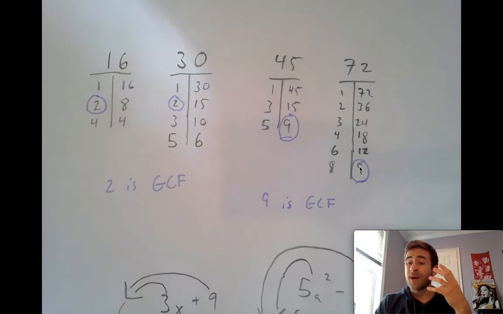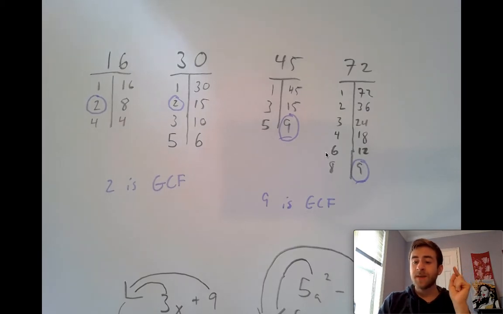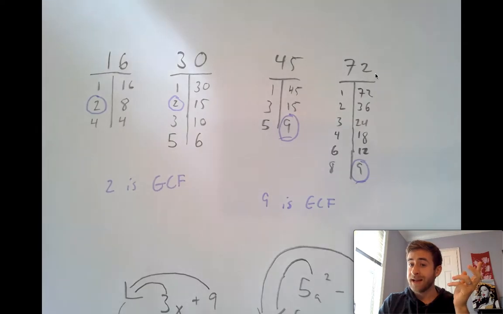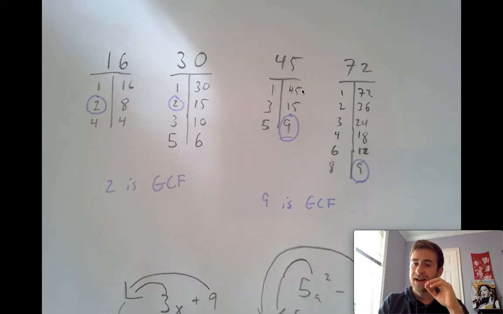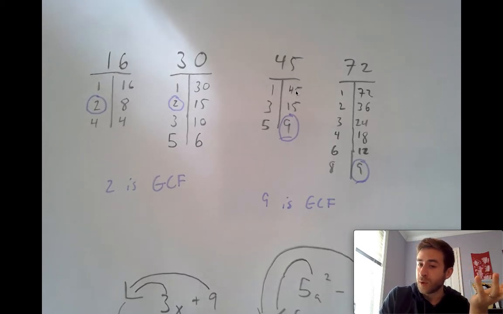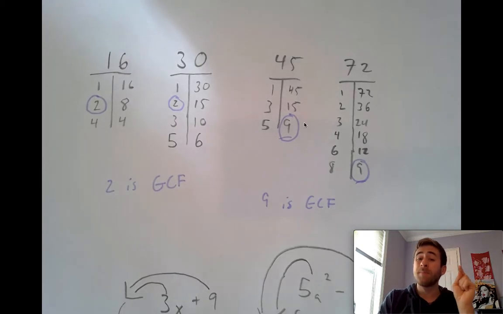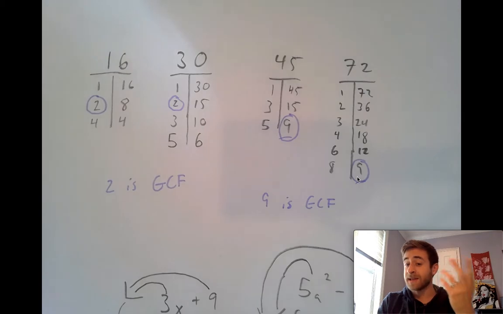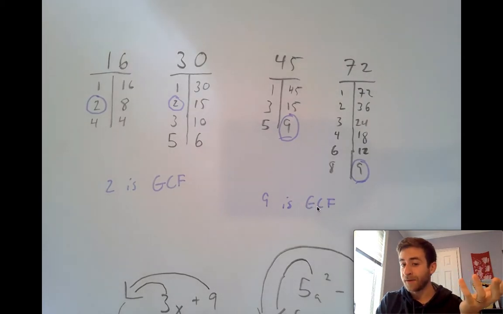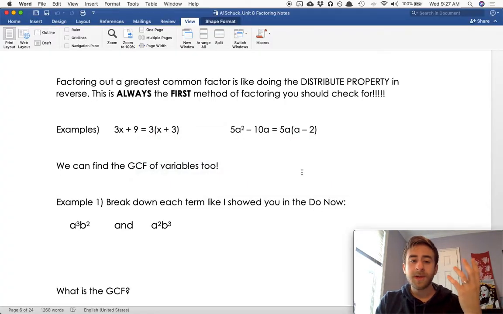The GCF is the biggest number that I'm able to divide out of 45 cleanly and out of 72 cleanly. I know the biggest number for 45 is 45, and for 72 is 72, but the biggest number that both of these lists have is 9, and that's why it's called the greatest common factor.